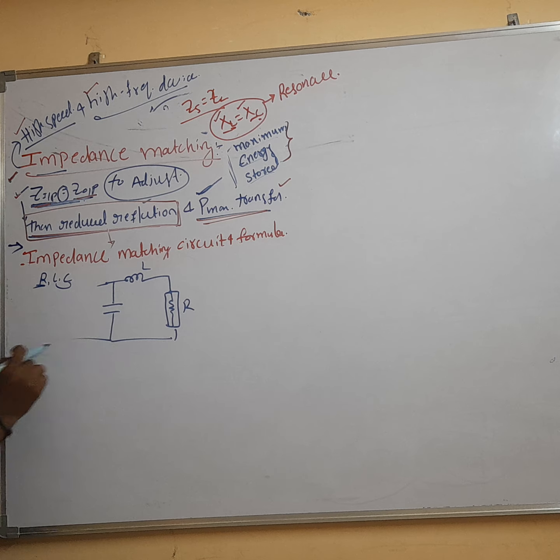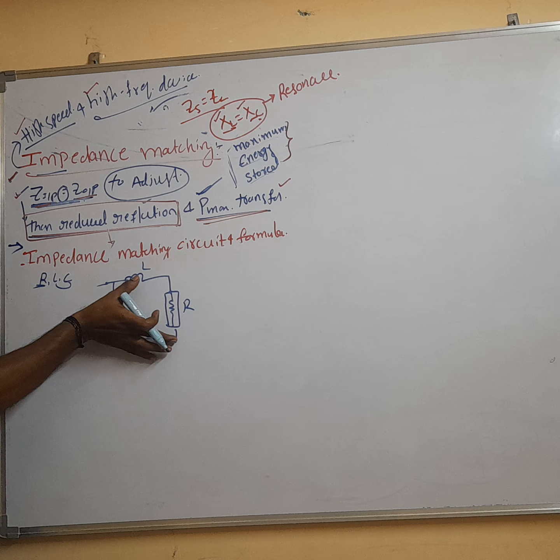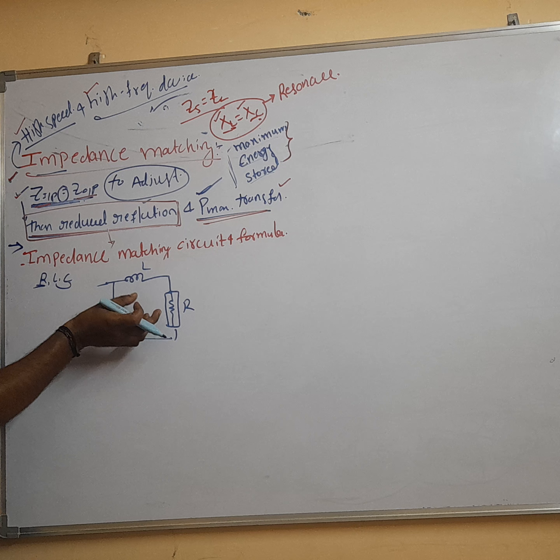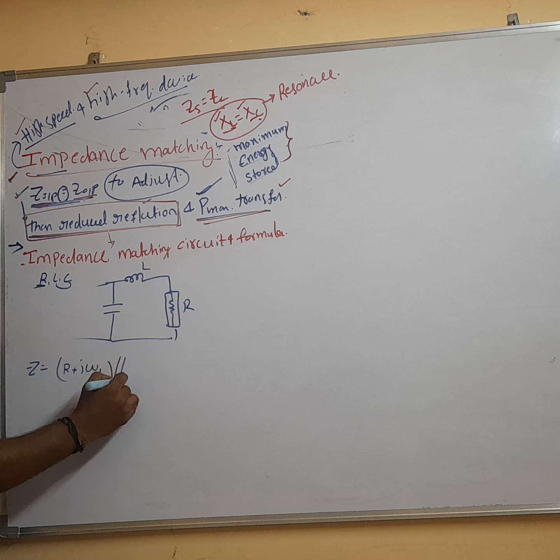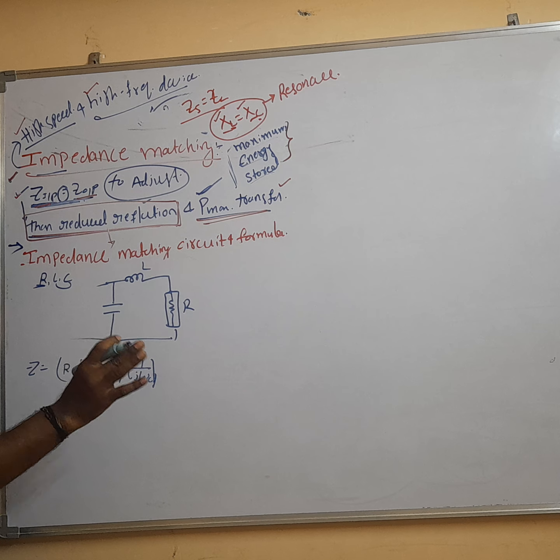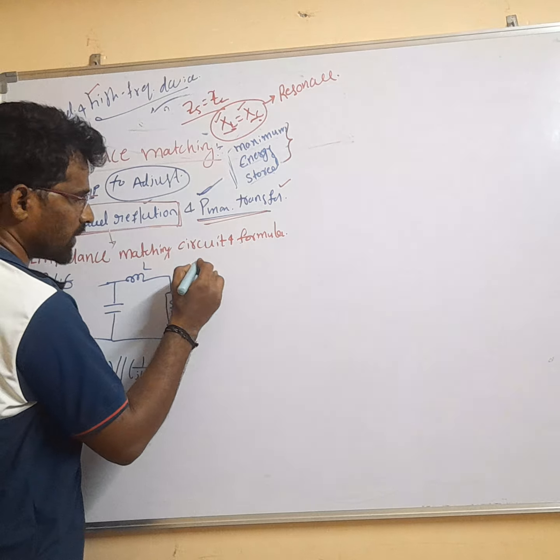First we can find out the impedance. Simply we can find out the impedance. The R and L are in series, and the capacitor is in parallel with them. So the impedance of the branch is R plus j omega L, in parallel with the capacitor, whose impedance is 1 by j omega C. What is omega L?